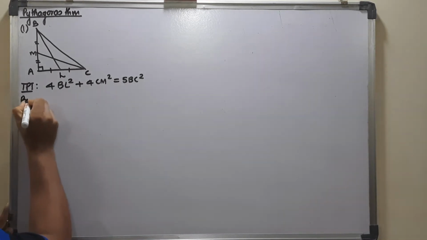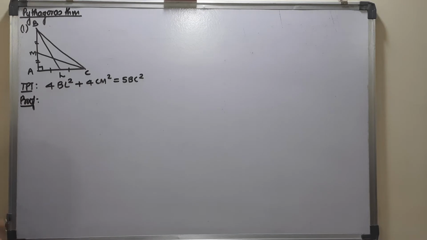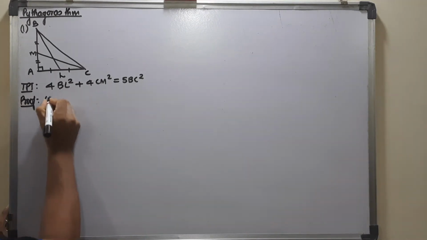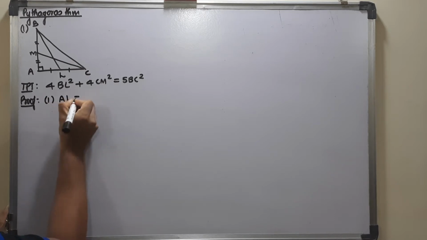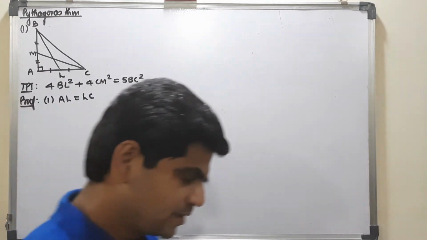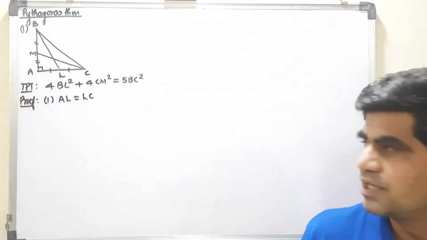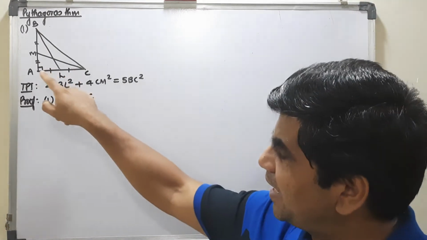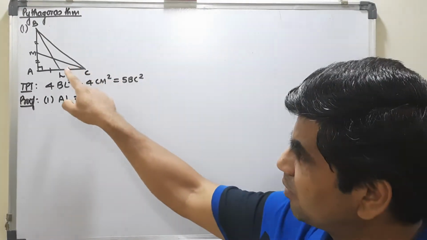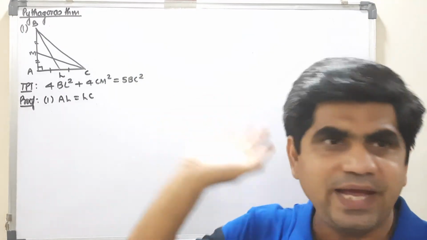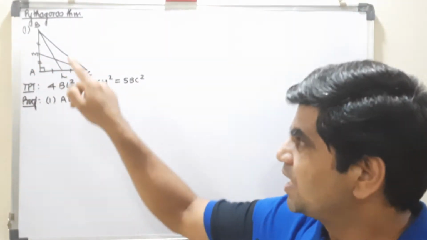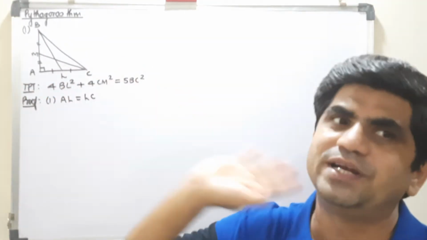So before I go to what is asked or what is required, I will mention out here first that length of AL is equal to length of LC. Means in short, if the length of AL is equal to A, then length of LC also will be A. That is, AL is A units, LC is also A units.